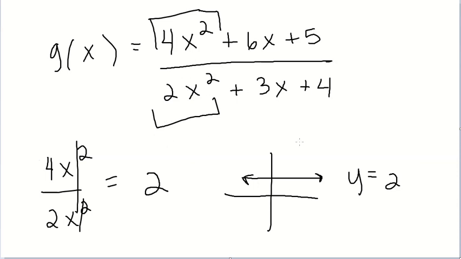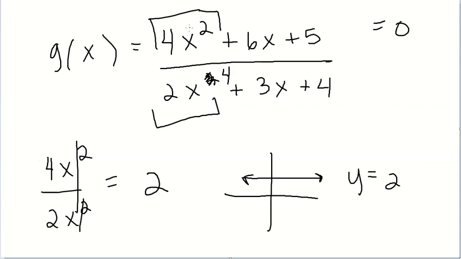So those are kind of the three situations you might have when finding horizontal asymptotes. One is you could have this situation where the leading term on top and on bottom have the same power, so they cancel and we're just left with a nice number like 2. Or we could have this situation where the leading power on bottom was bigger than the leading power on top, and that's when we got a horizontal asymptote of 0.